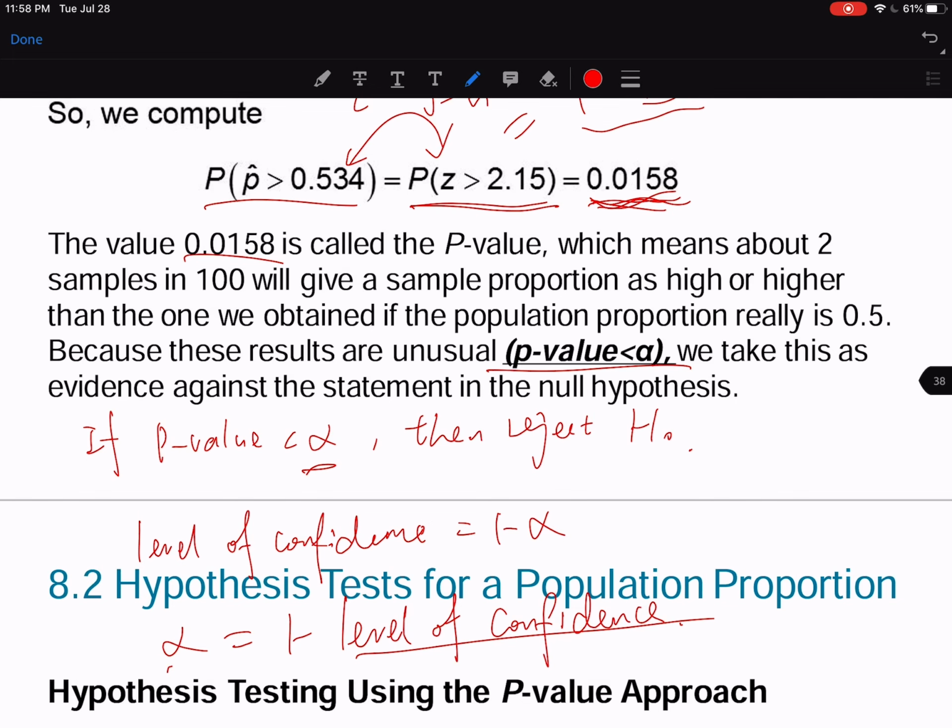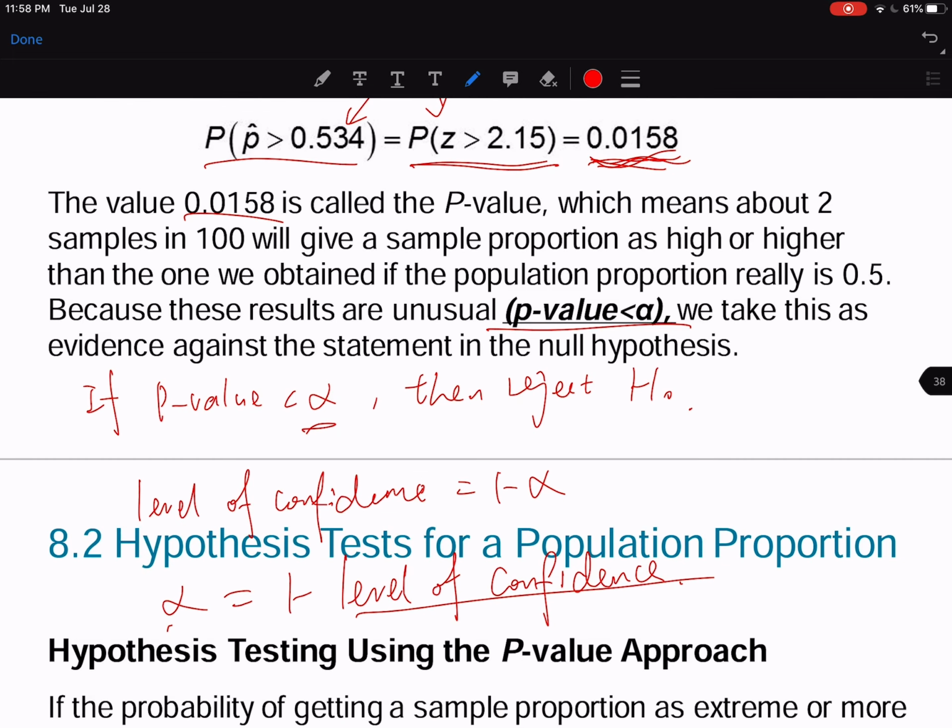And then you compare the p-value with alpha and see if it's less than alpha or not. If it's less than alpha, reject the null hypothesis. It is very rare that the p-value is exactly equal to alpha. I never met it, but you will probably meet it.